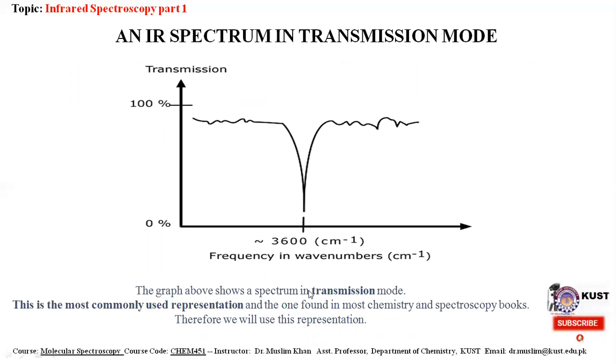This is the most commonly used representation, found mostly in chemistry, spectroscopic and research articles. So it shows 100% transmittance, and whenever it shows absorption, the transmission decreases. It will look like this in transmission mode. So remember that IR spectra will always be in transmission mode like this.